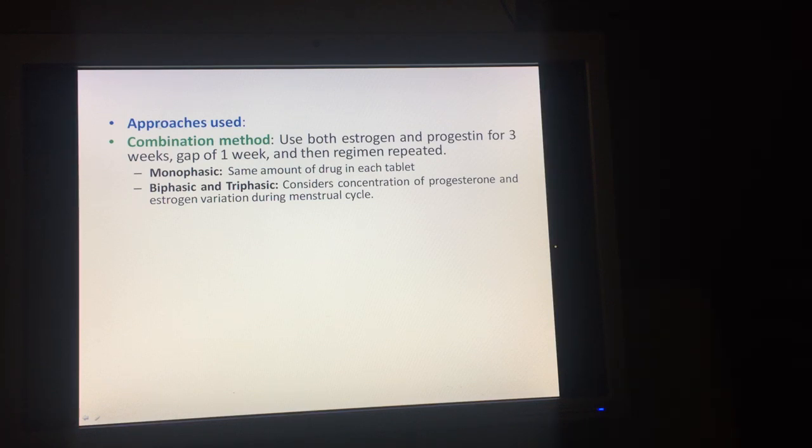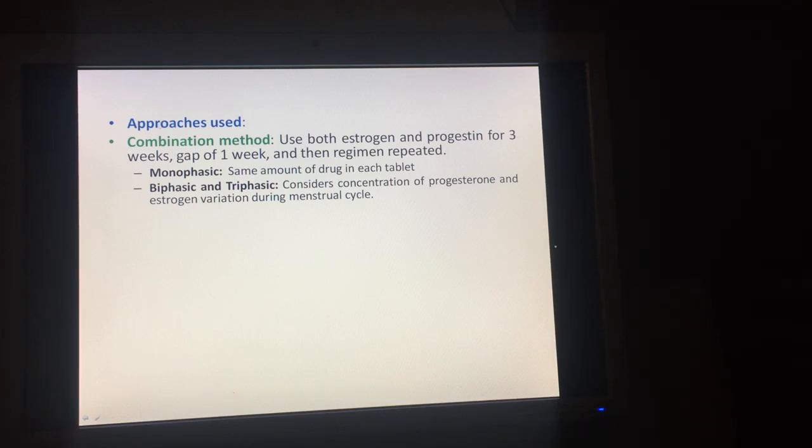In this combination method, we have two types of drugs: the monophasic, and the biphasic and triphasic drugs. In the case of monophasic, the same amount of drug is present in the tablet throughout the days of the menstrual cycle.